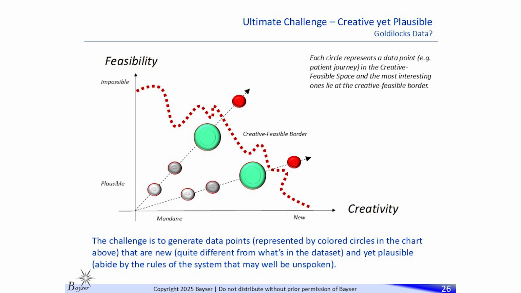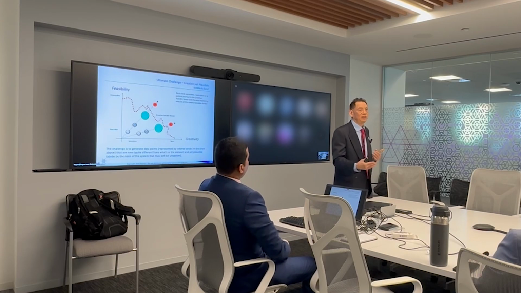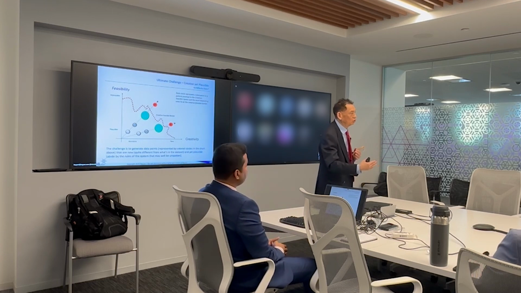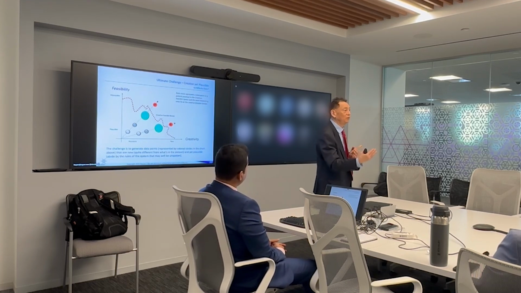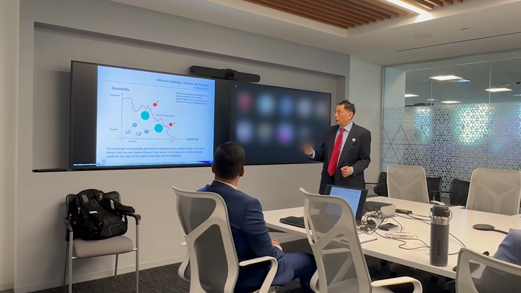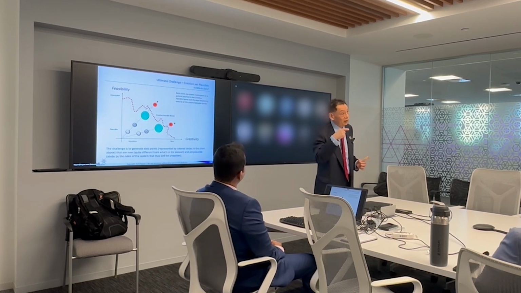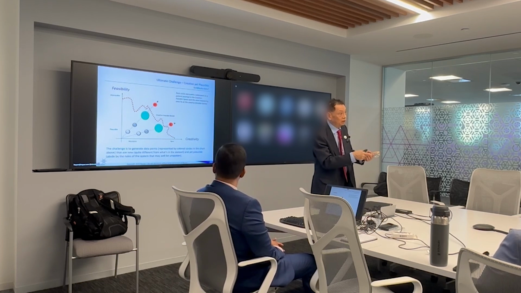Why? Because if you're already telling me what's in the data, your data is useless. You're just replicating what's already there. I already knew that. The value of synthetic data is the newness that you bring to the table. If you cannot tell me something I did not know, not in the data, it's useless, because I could look at it myself. And the question is, when you invent the new data, is it real? Is that feasible?